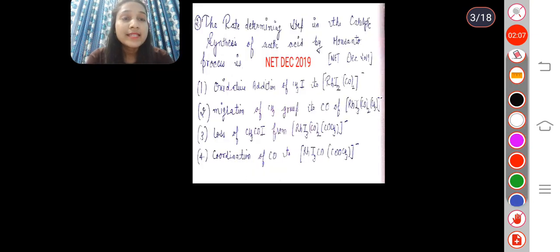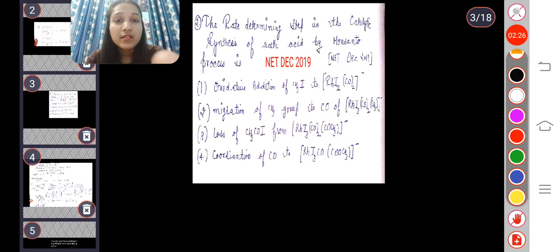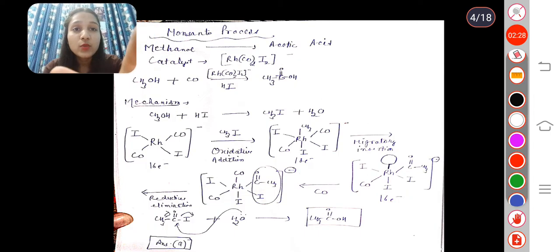the rate determining step in the catalytic synthesis of acetic acid by the Monsanto process. So this is a very important process, the Monsanto process. It has come in exams quite a few times before. So let's go with the complete mechanism of this process.